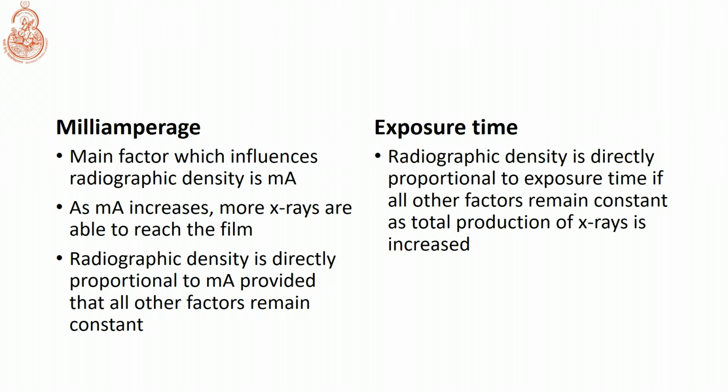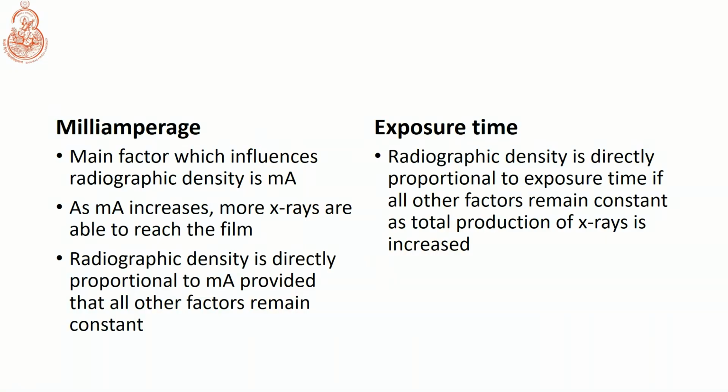As the milliamperage increases, it produces more X-rays and they are going to reach the film. And the radiographic density is directly proportional to the milliamperage, provided that all other factors remain constant.